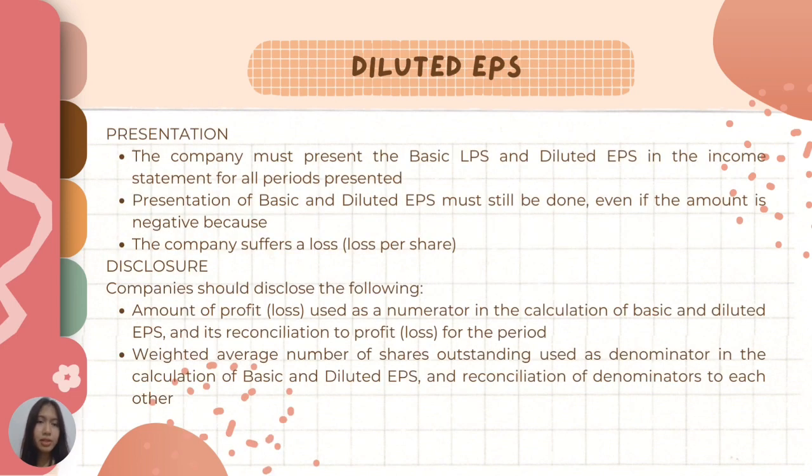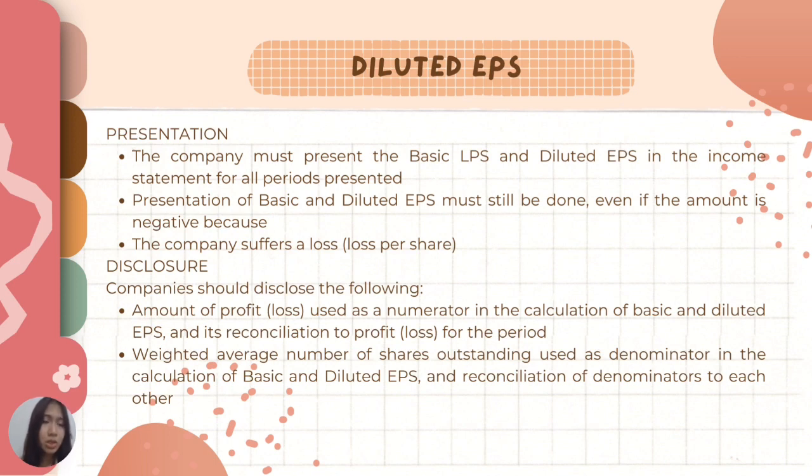Next, we have diluted EPS presentation. The company must present the basic LPS, or loss per share, and diluted earnings per share in the income statement for all periods presented, and presentation of basic and diluted earnings per share must still be done even if the amount is negative because the company suffers a loss per share.